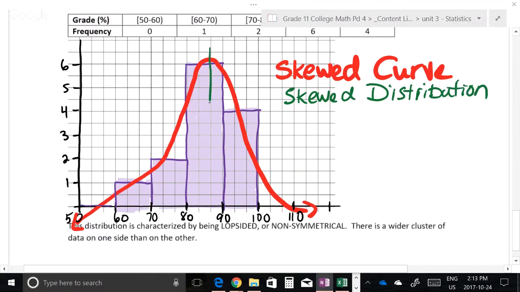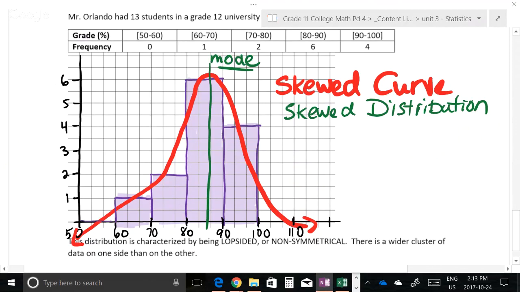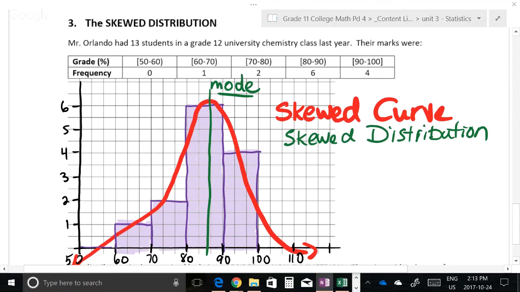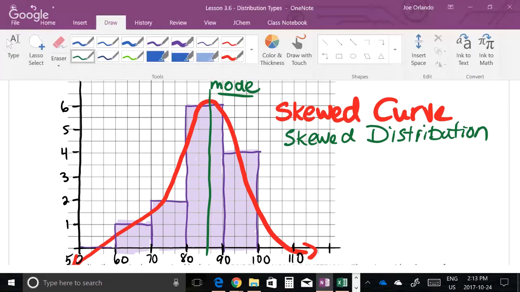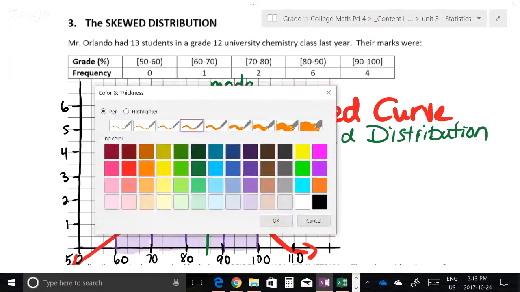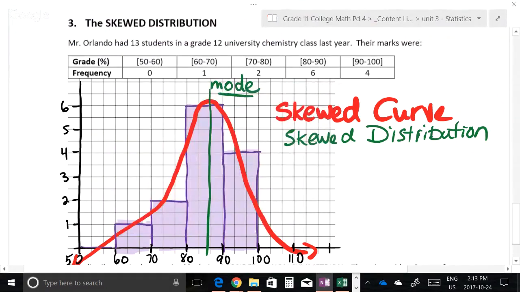Now, what I'd like to note here is in a skewed distribution, the middle of it will always be the mode, the most commonly occurring value. Where will the average be on a skewed distribution? Yeah, to which side?